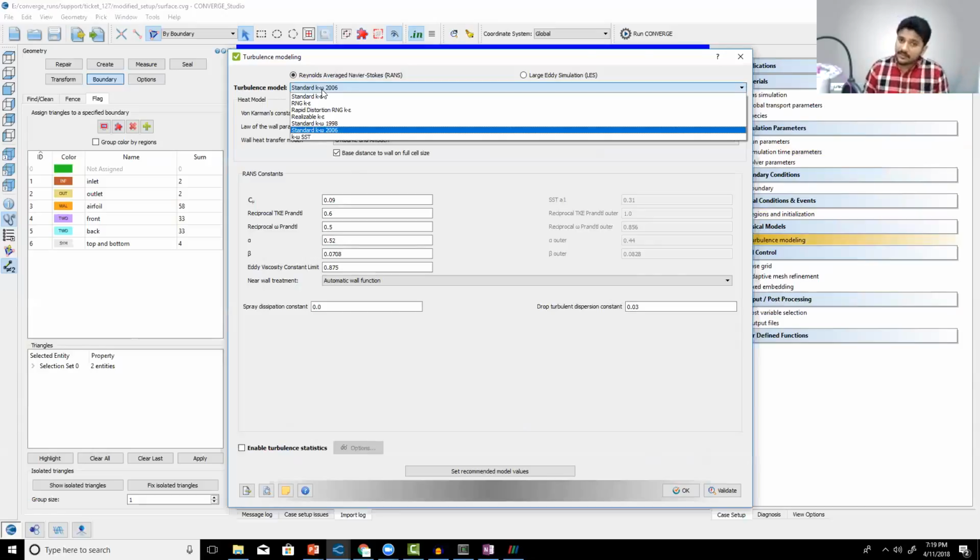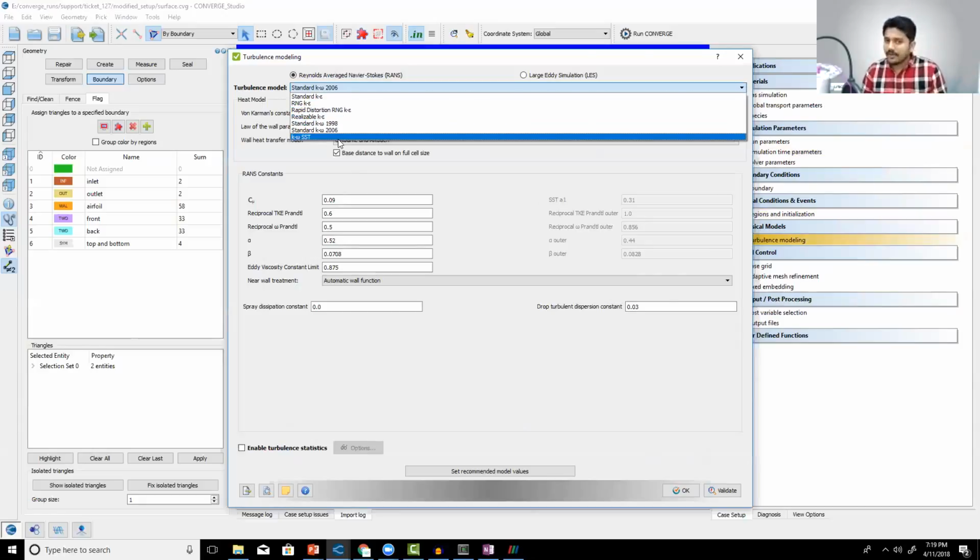Typically, if you're running external flow simulations, you need to be using K omega SST, and this is where, guys, there's a quantity called Y plus. Try to understand what it means. Your Y plus value should be less than 1. What does this mean? Well, your first cell should be in the boundary layer, which means your computational mesh size, based upon your Reynolds number, should be around 1e minus 5 if it's an external flow simulation.